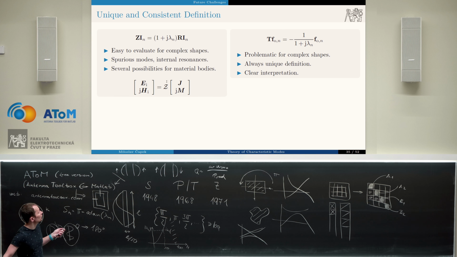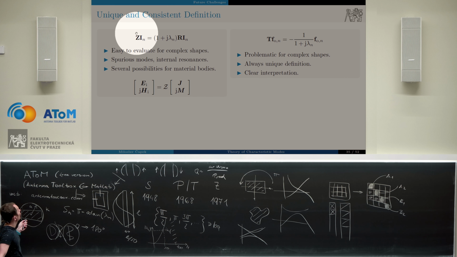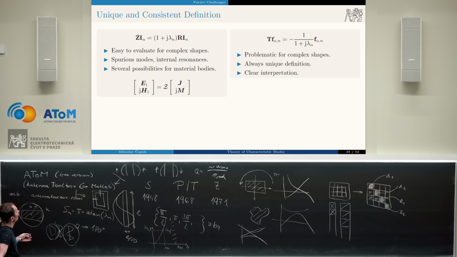One is over the Z matrix and is very easy to evaluate for complex arbitrary shapes. It's implemented in all the commercial software, but there are problems with spurious modes, internal resonances, and so on. And the Garbacz formulation is unique, because there is a unique definition of the T matrix. It has a clear interpretation, but unfortunately is problematic to evaluate for arbitrarily shaped obstacles.